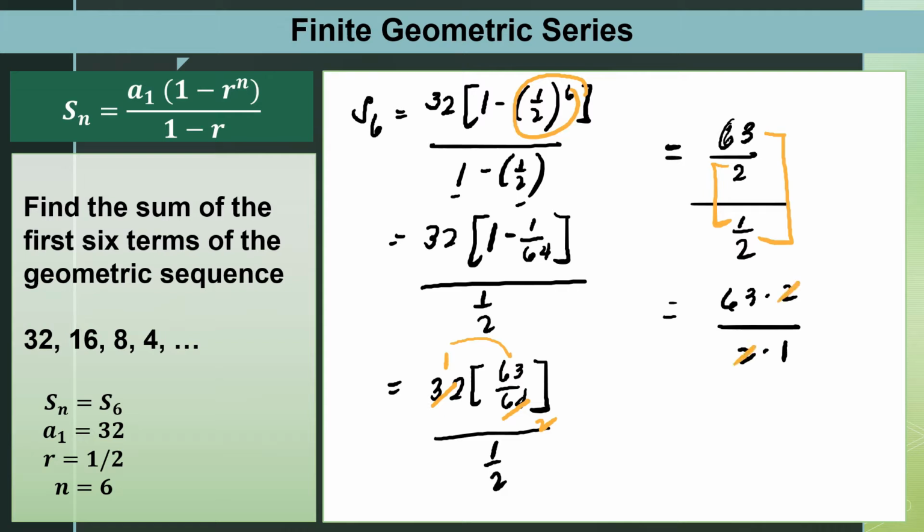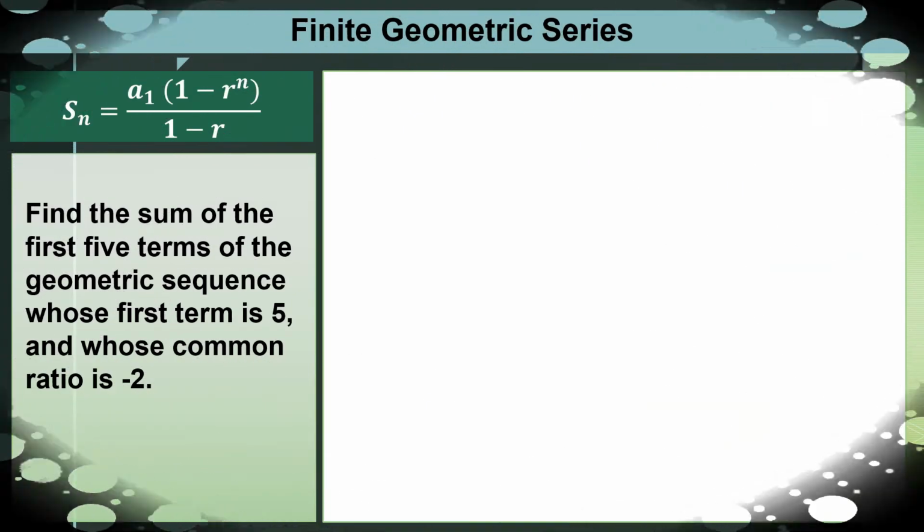At dahil pareho silang may 2, pwede na nating i-divide si 2 over 2, which is equal to 1, para meron na lang tayong 63 over 1, which is also equal to 63. Ngayon, kung dadagdagan natin ito ng 2 at 1 at inadd natin ang bawat terms, ang kalalabasan pa rin nito ay 63.